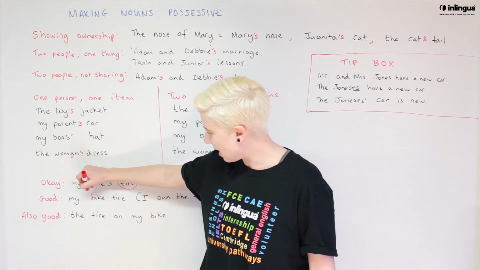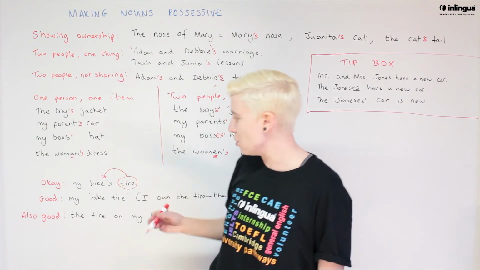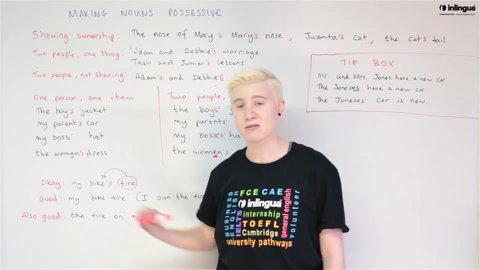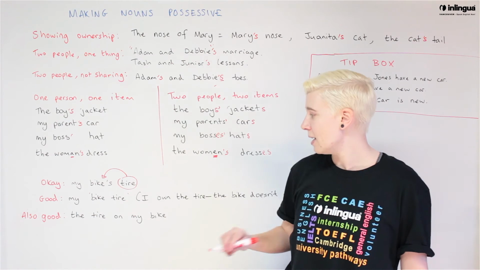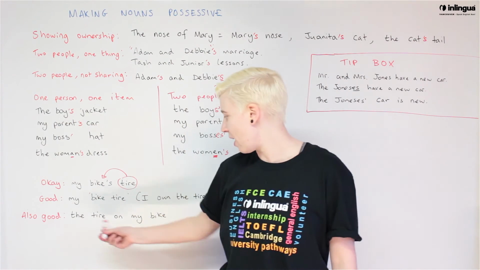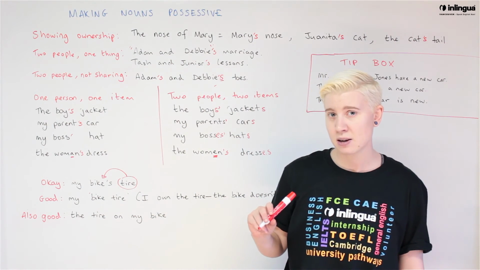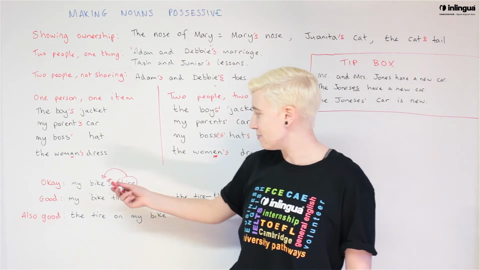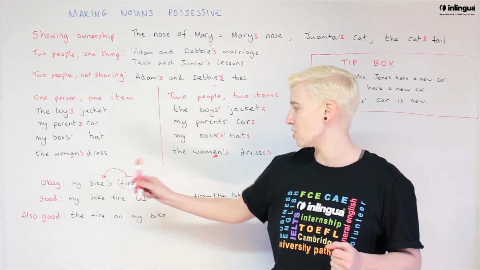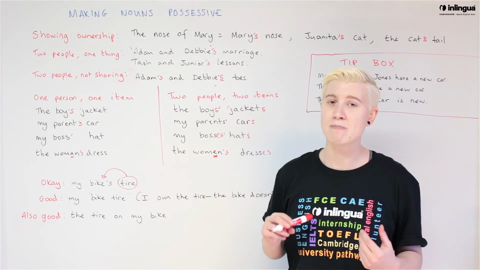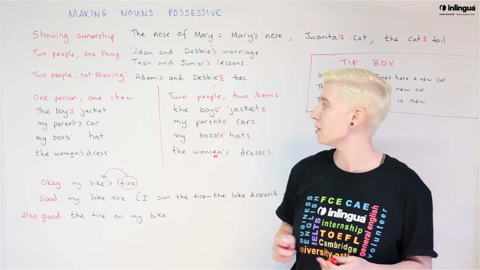So I'm using this as one topic with no possessive S. This is fine. My bike tire. A tire that I own. And we can also say the tire on my bike. In this case, it is better to make it clear that I own the tire, not the bike. It's mine, it doesn't belong to the bike.